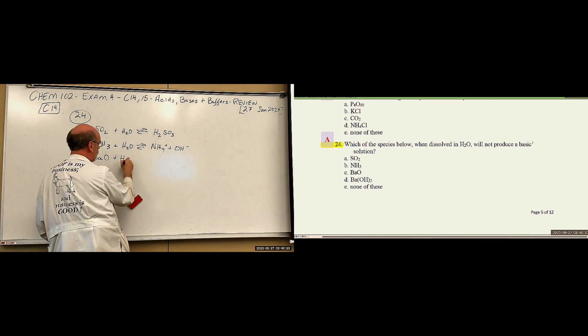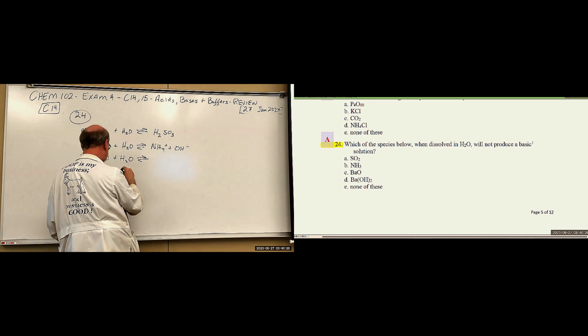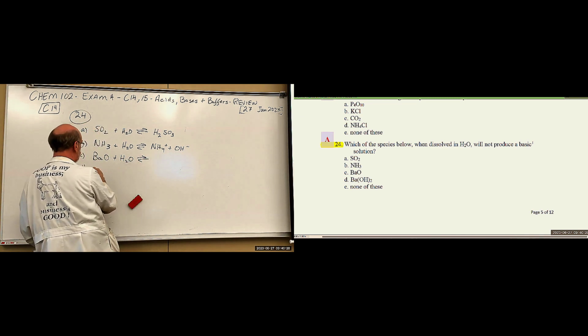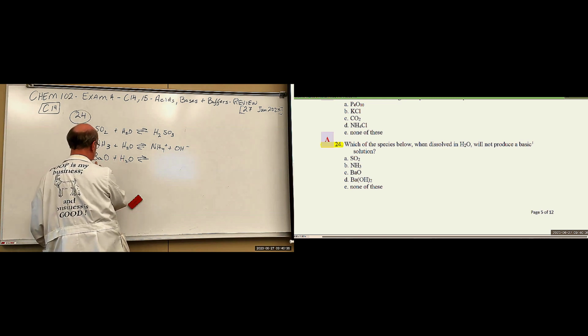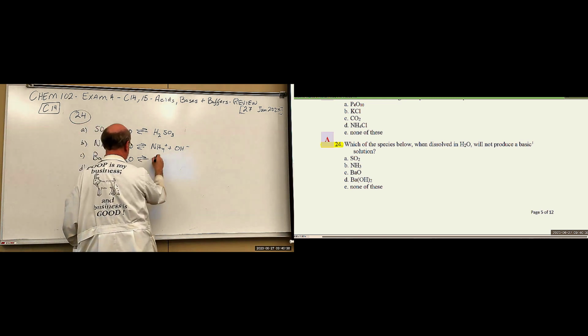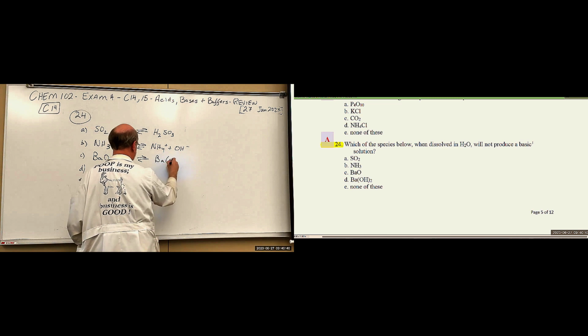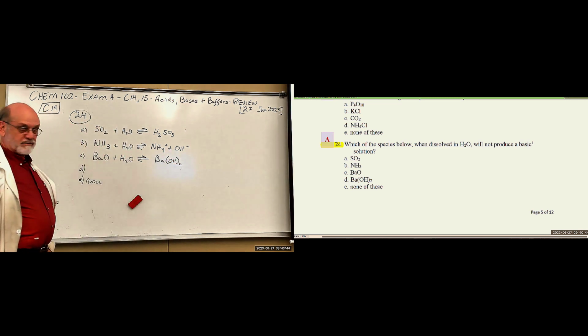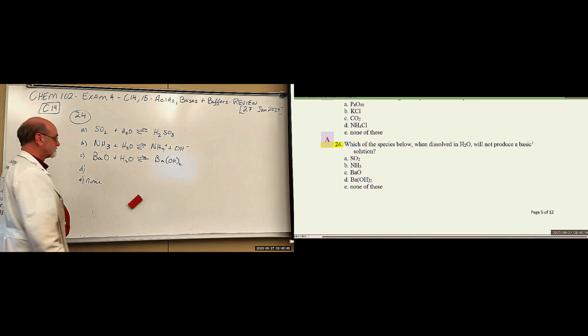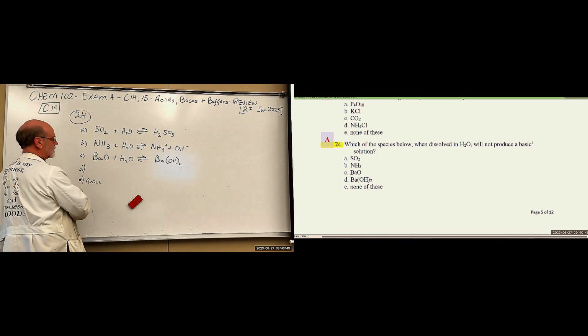So when you add that to water, let's see, what does it do? Ba(OH)2. It's barium hydroxide. So that's basic.